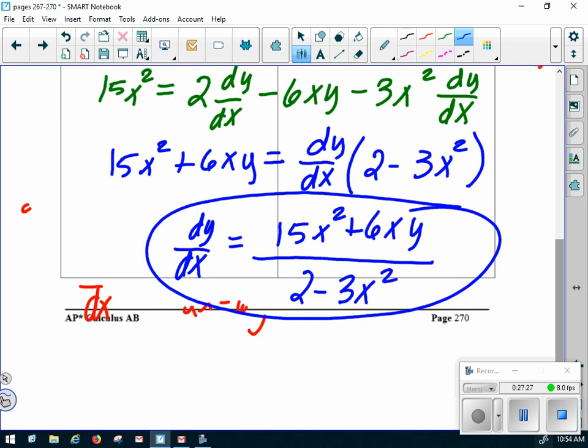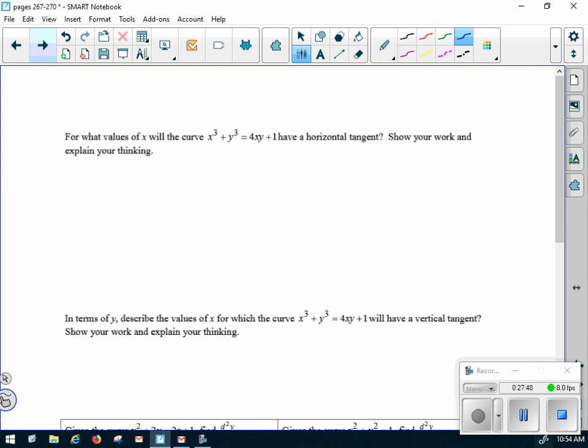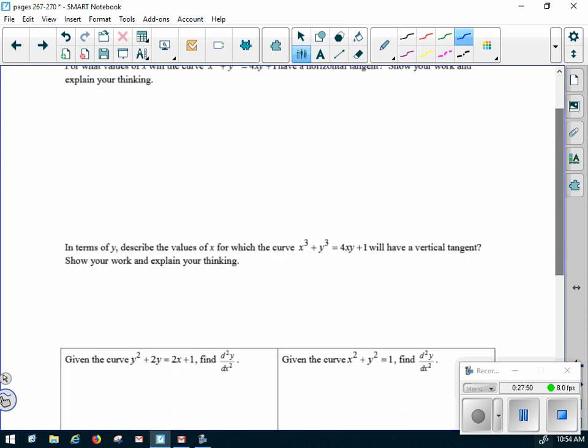Can we simplify anything in that? Yeah, so we're good. You're starting to get the hang of when you see a y with a derivative, you know dy dx. Okay. Last piece.